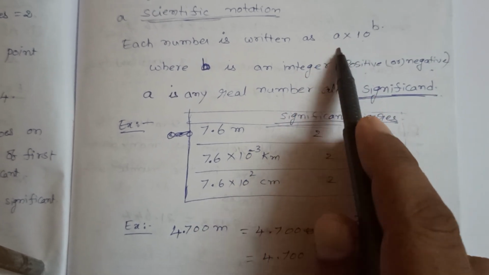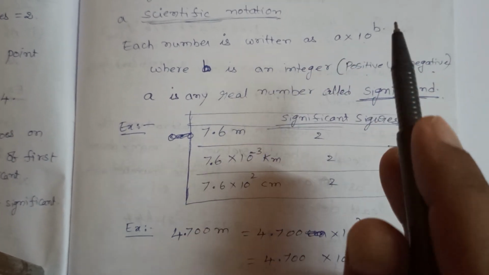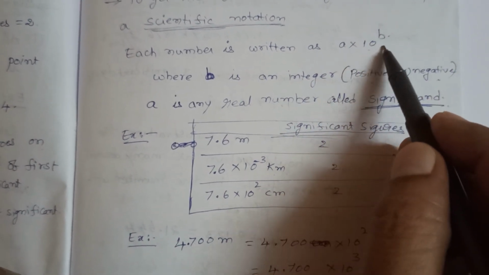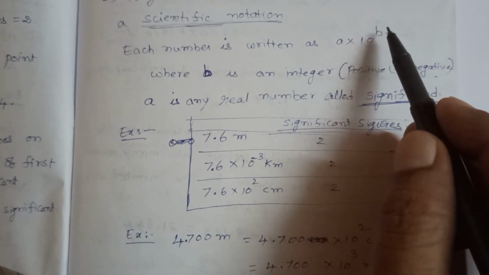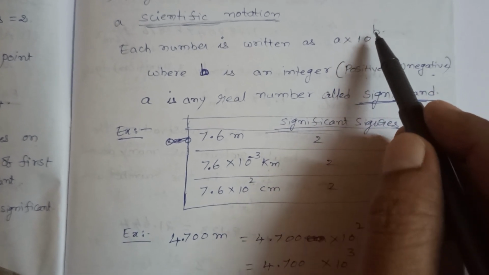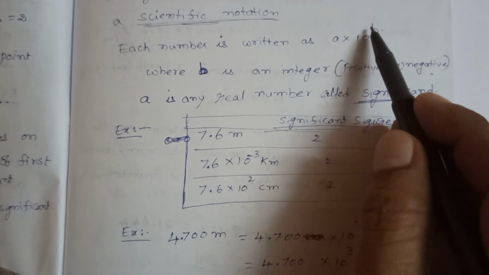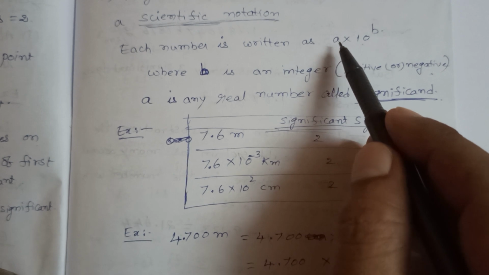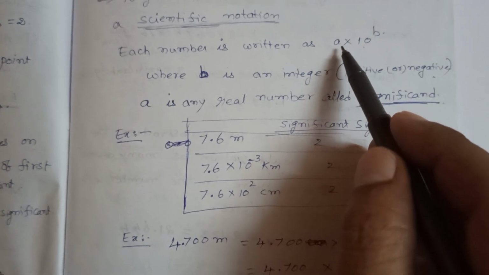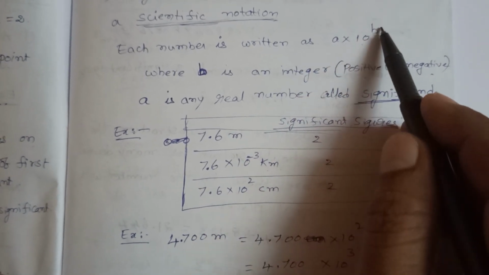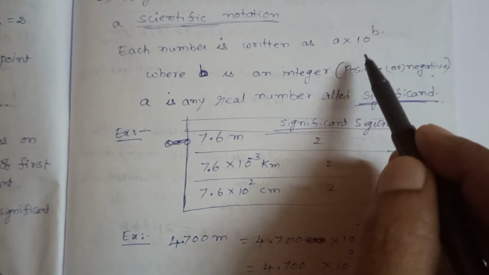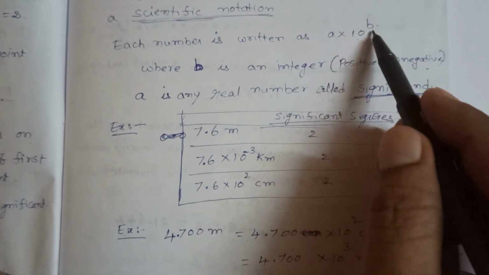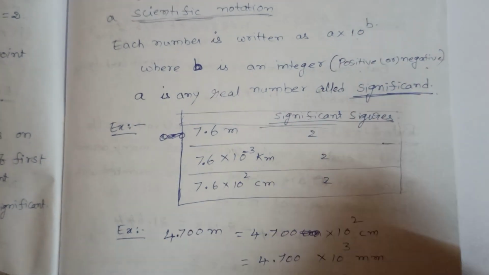For this one only you have to take the significant figures. So no need to consider 10 power positive number or negative number while counting the significant figures. You can leave it. Only the significant figures are for a only, the number before the multiplication. The 10 power, positive or negative, you need not take while counting the significant figures.